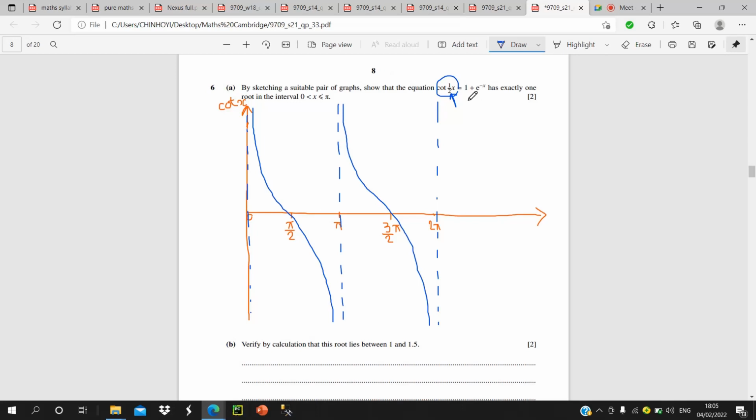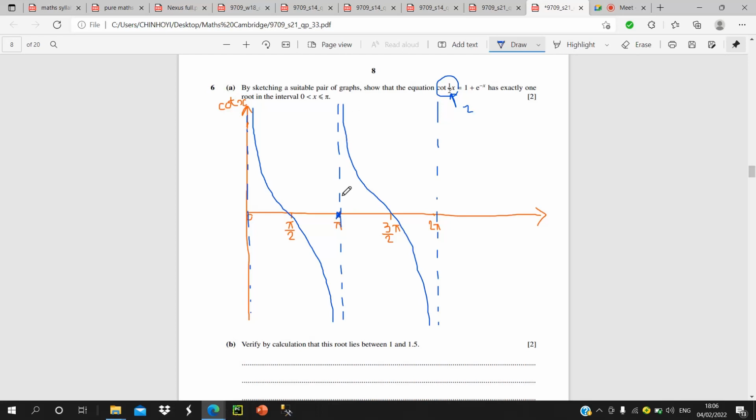We are going to multiply each and every coordinate of x with the stretch factor of 2. So if the graph of cot was passing at pi over 2, if you multiply pi over 2 by 2, it will pass at pi.